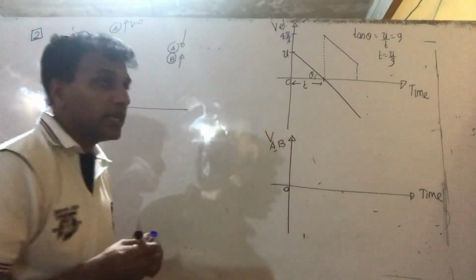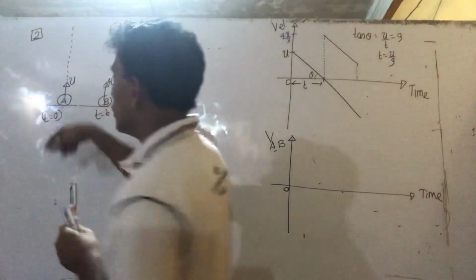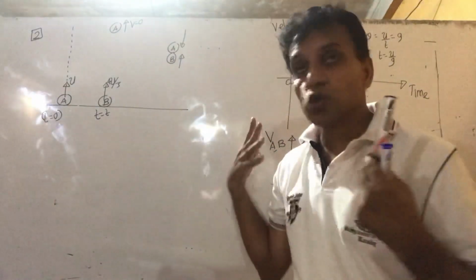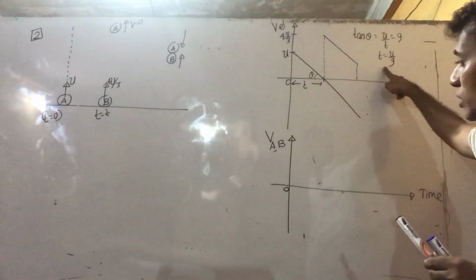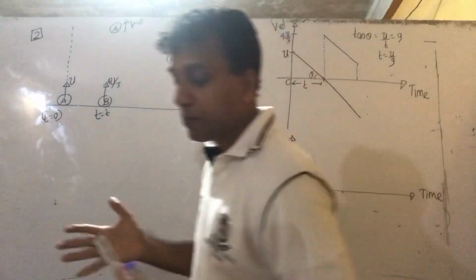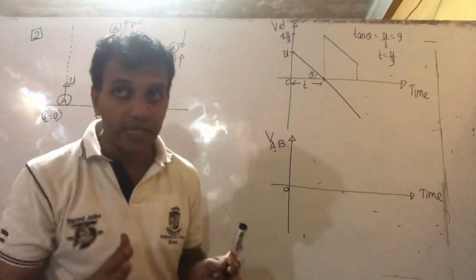Initially A is projected and there is no B, so up to this time interval the graph is the same as the previous graph, right?